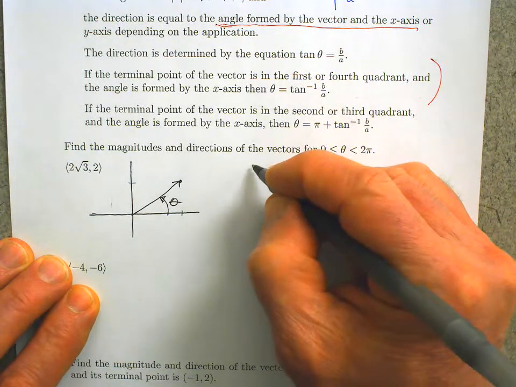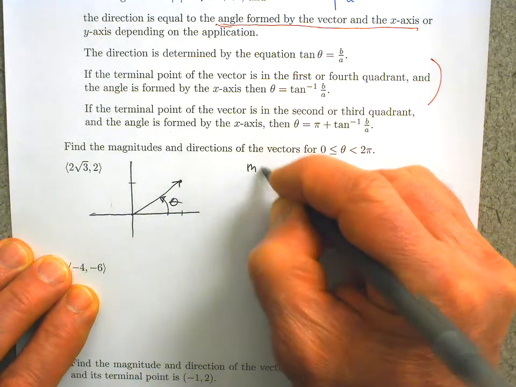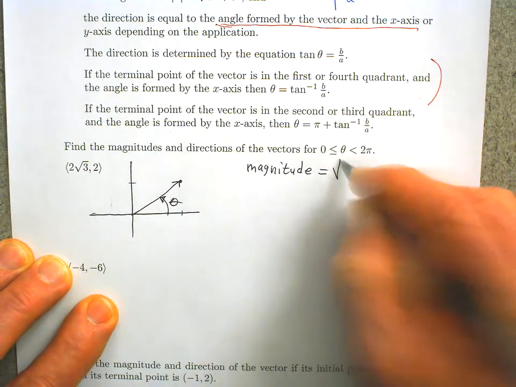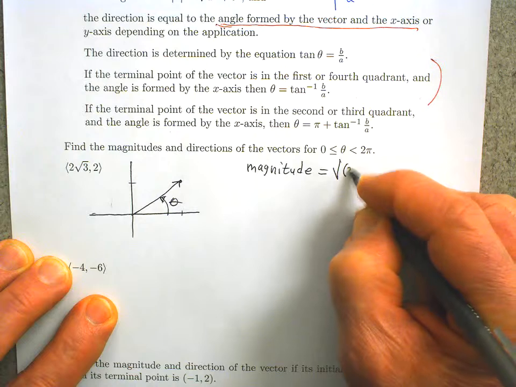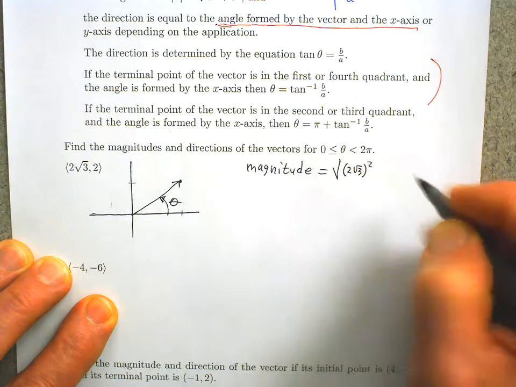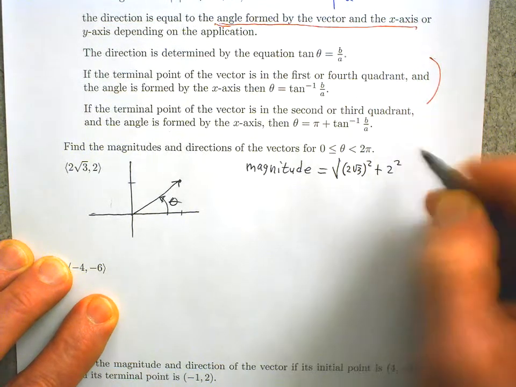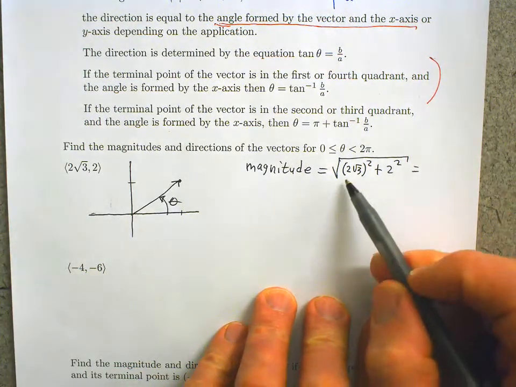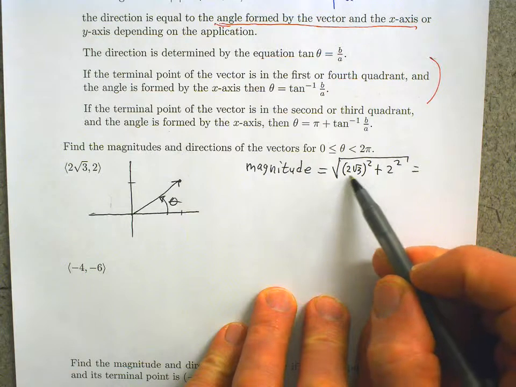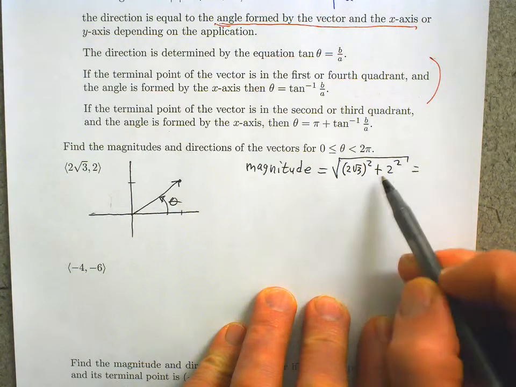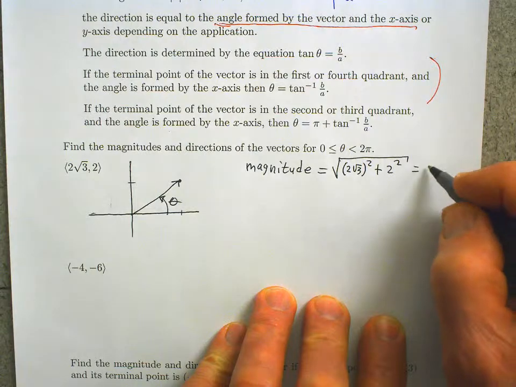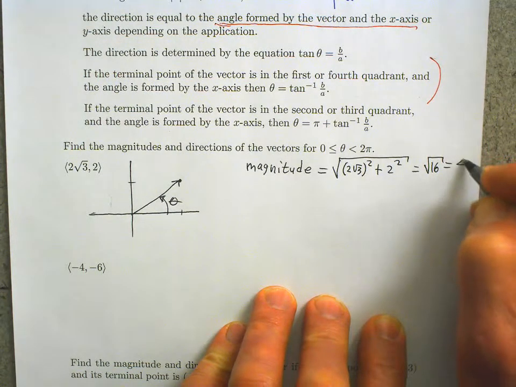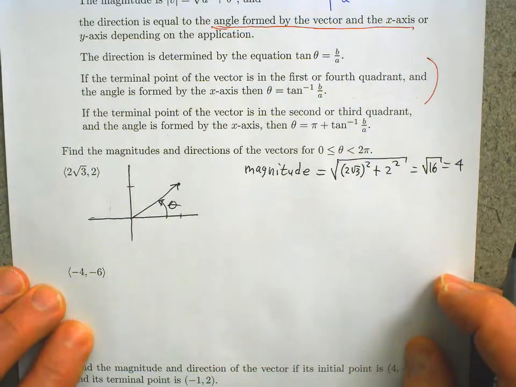The magnitude is the square root of the sum of the squares of the components. When we square 2 times the square root of 3, we get 12, and then plus 2 squared is 4, so the square root of 16, or 4. So 4 is the magnitude.